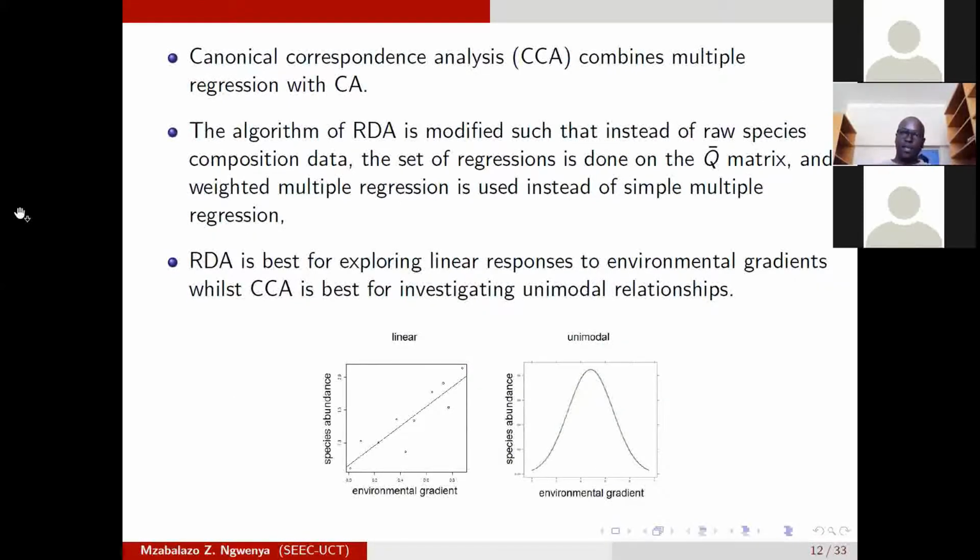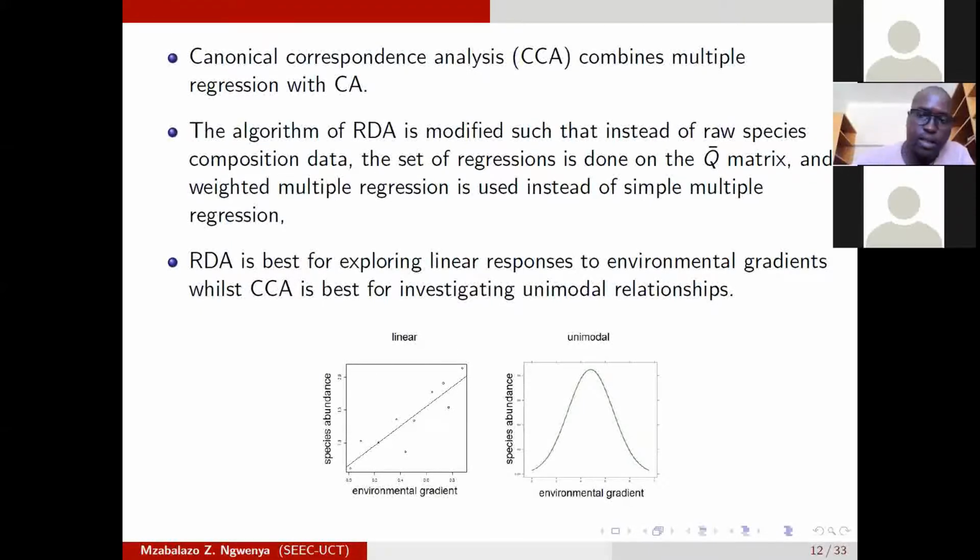So CCA, or canonical correspondence analysis, works in a similar way to RDA, but here it combines multiple regression with correspondence analysis. Again, if you're unfamiliar with correspondence analysis, I would refer you to our previous toolbox on multivariate analysis.